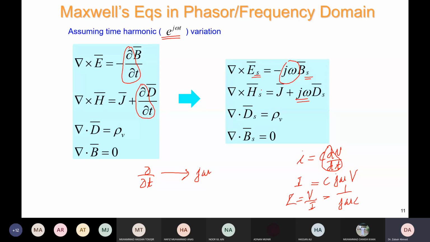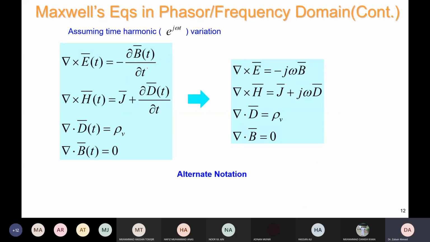in the phasor form. Or in alternate notation, which I will use, I'm denoting the time domain signal with this signal, exponent electric field with this time dependence. So this is the time domain differential form, and for the phasor form, I am dropping this s subscript and simply writing it E. The other thing is the same: partial by partial t is replaced by j omega.